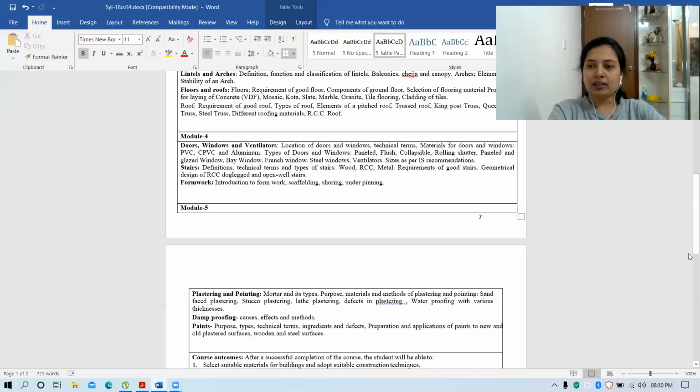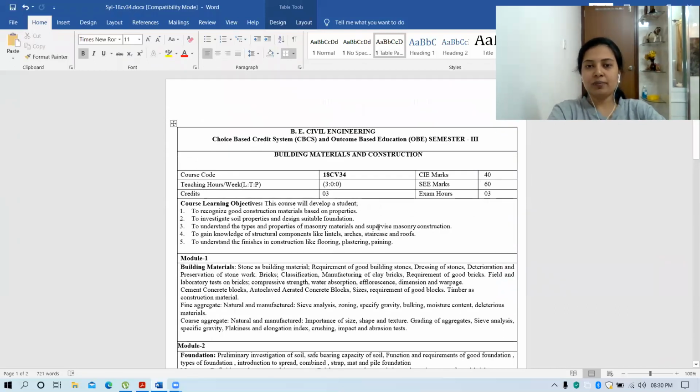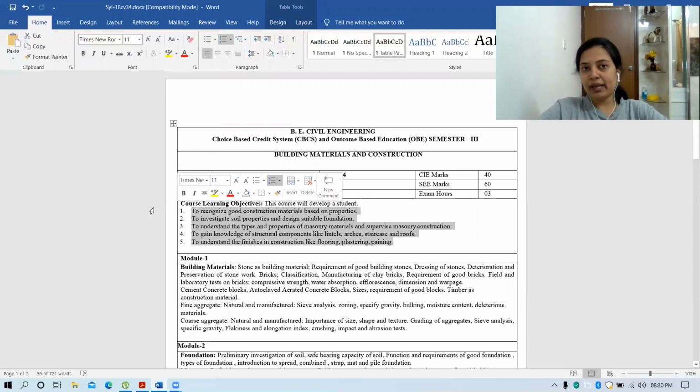So altogether, since it is outcome based education, at the end of this course, you should be able to recognize different types of building materials which are of good quality or bad quality. And also you should be able to investigate the soil; not exactly designing the foundation, but you can suggest what type of foundation can be used.